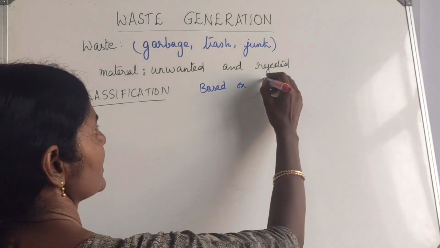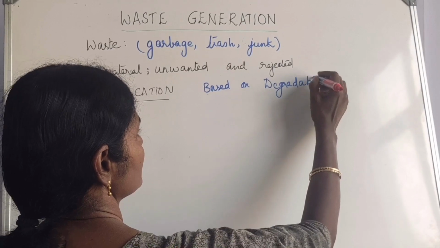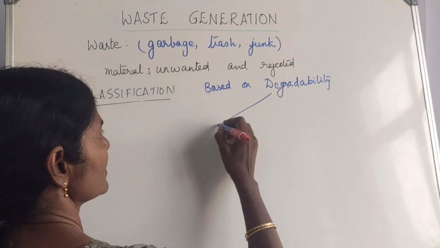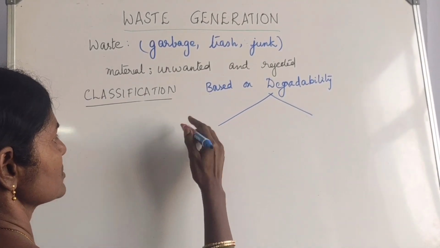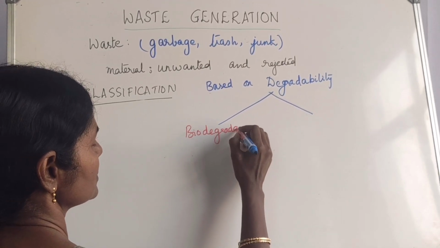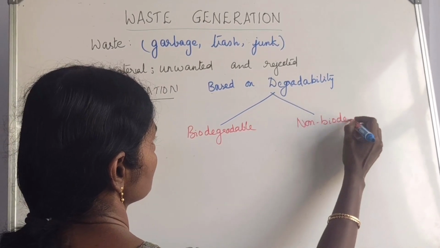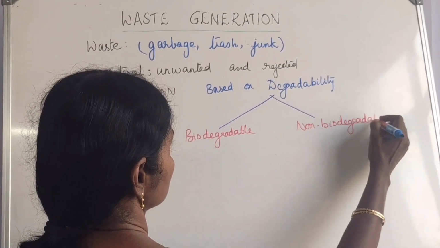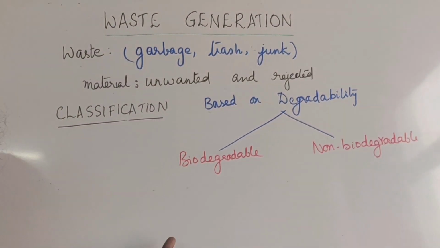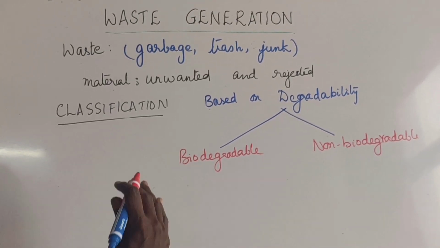Based on degradability, how it breaks down or how it decomposes, we can divide into two: biodegradable and non-biodegradable. Sometimes when you have kitchen waste and other things, after some time it just decomposes, it breaks down into biomanure.